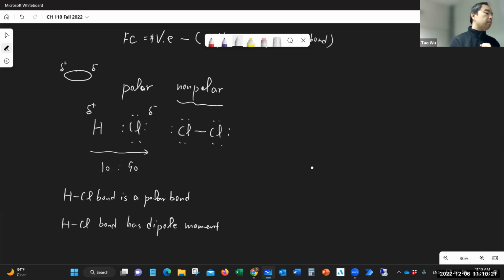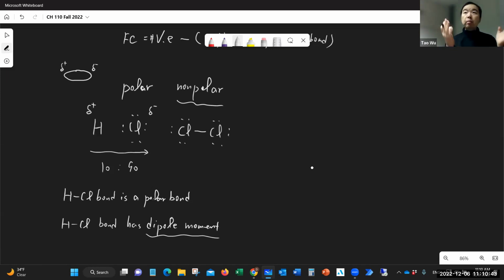So for a polar dipole moment, that means we have a trend where one side has a more negative charge and the other side has a positive charge. This is called a dipole moment. So we have the trend of the electrons shifting from one side to the other side, and this is called a dipole moment.